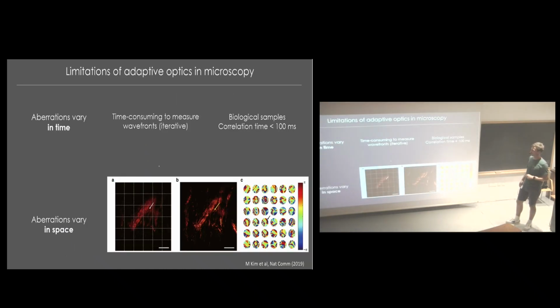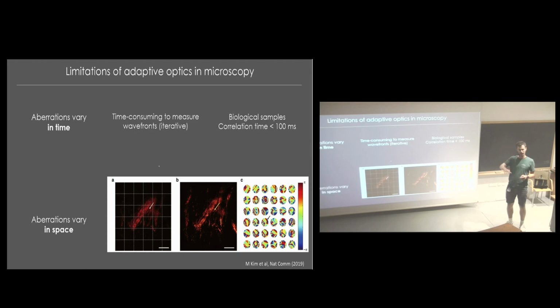It's very long, but the issue is that in biology, your system is most often alive, and so the aberrations can vary in time, because your sample can move. You have breathing, you have blood flow.